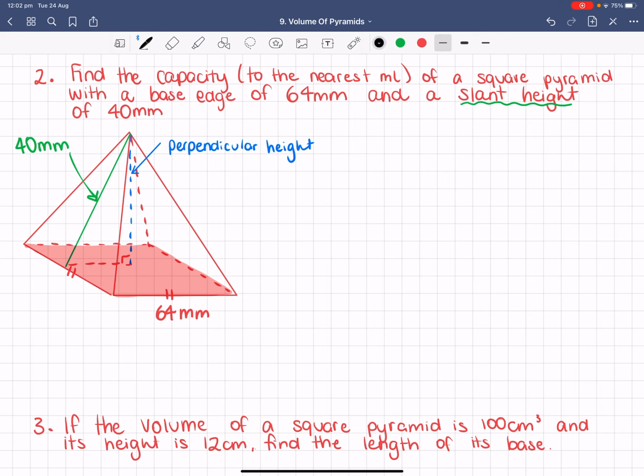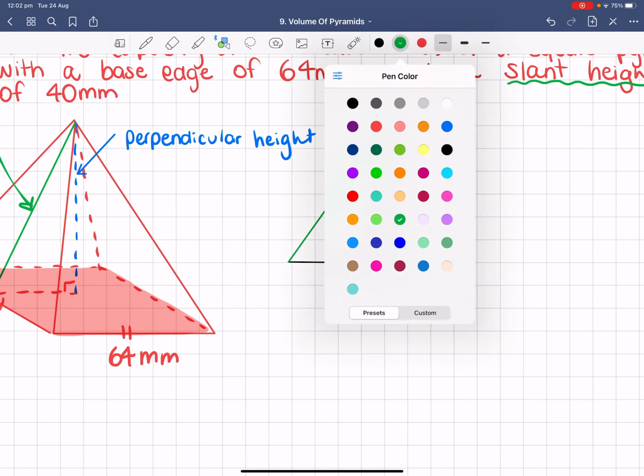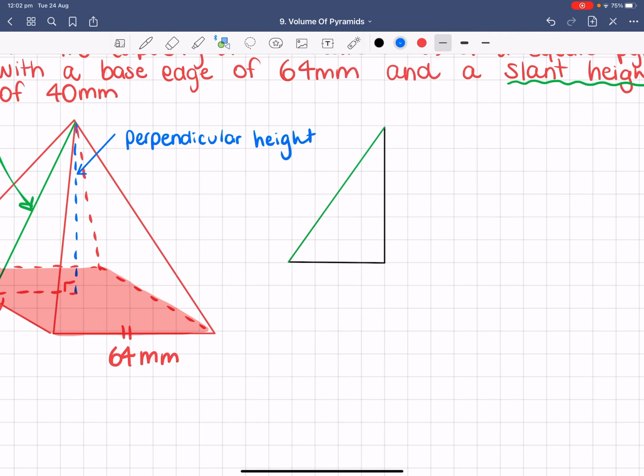However, we can find the perpendicular height by imagining this triangle here, you can draw it out of the picture. So let's do that. So here's our triangle, where this is the slant height, and this is the perpendicular height from that triangle.